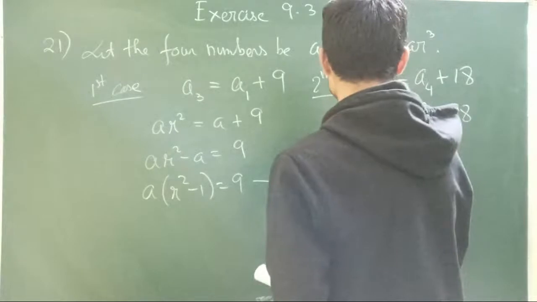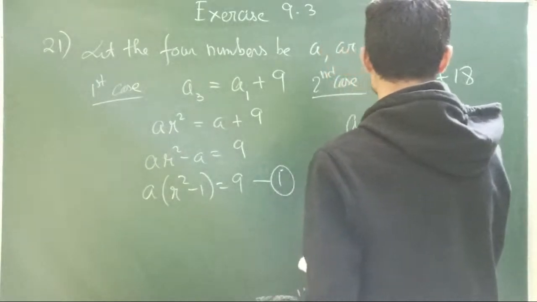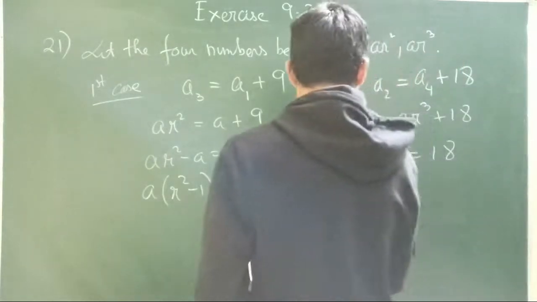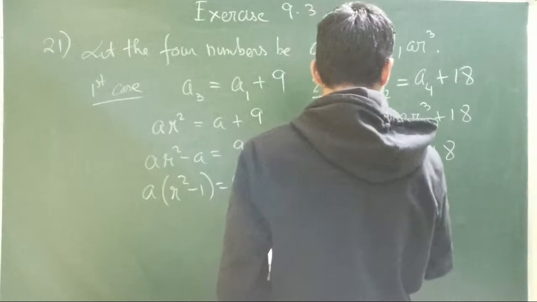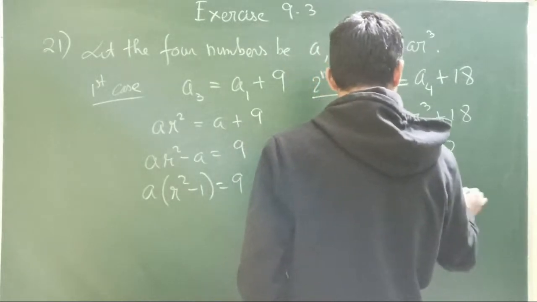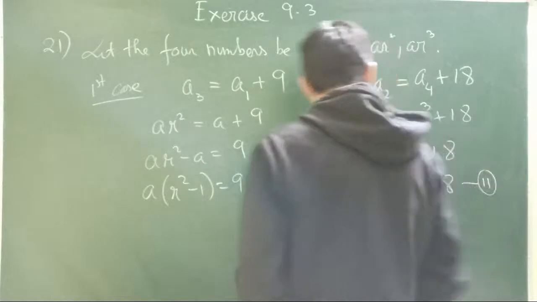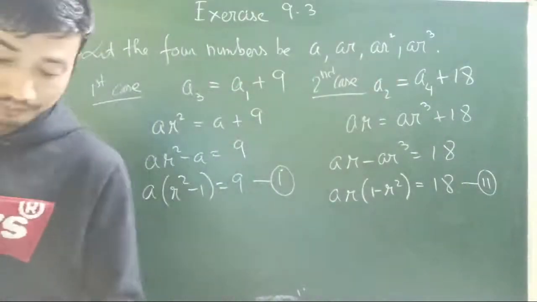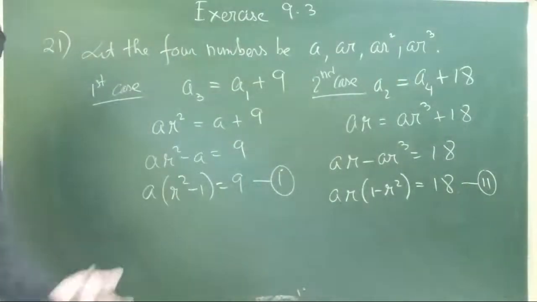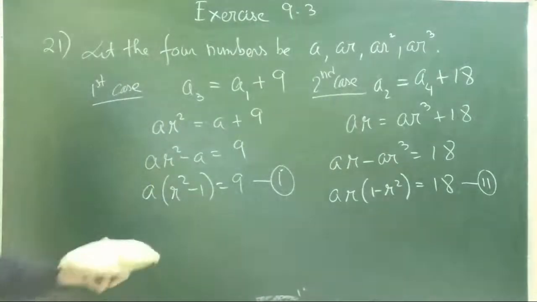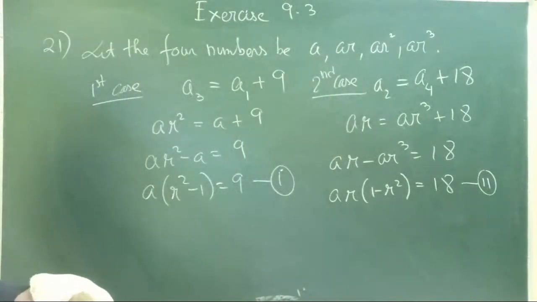So that's ar minus ar cube is equal to 18, ar into 1 minus r square is equal to 18. Equation, let's say 2. We might get something out of this. We do not know. Let's see.